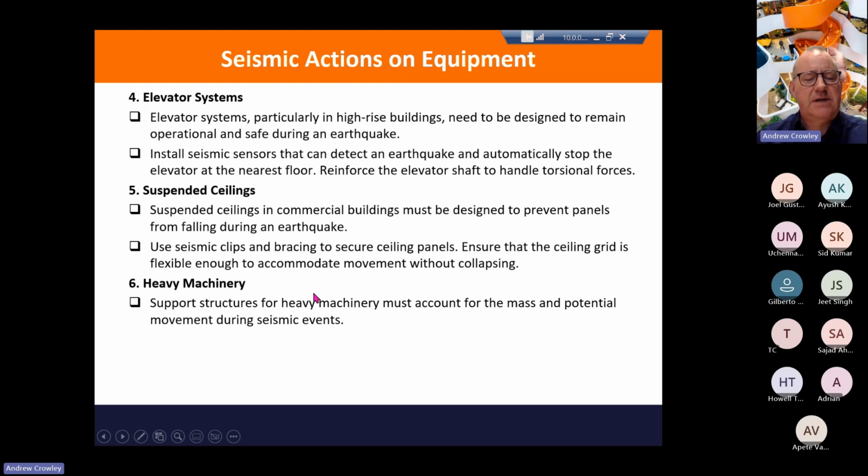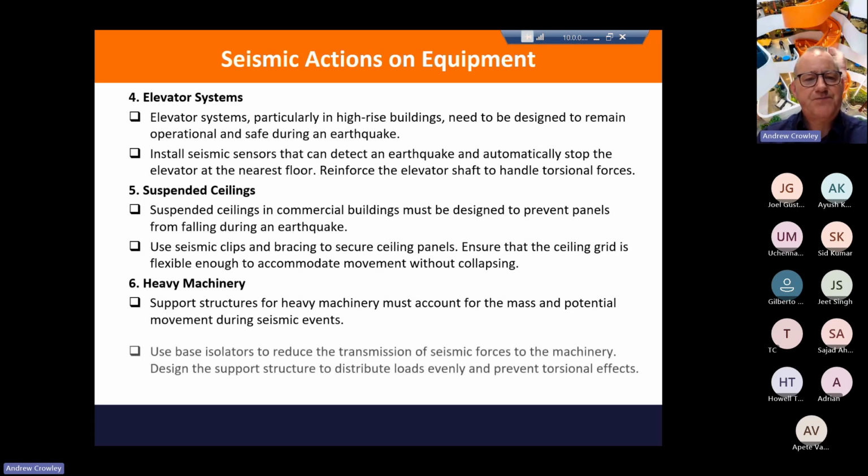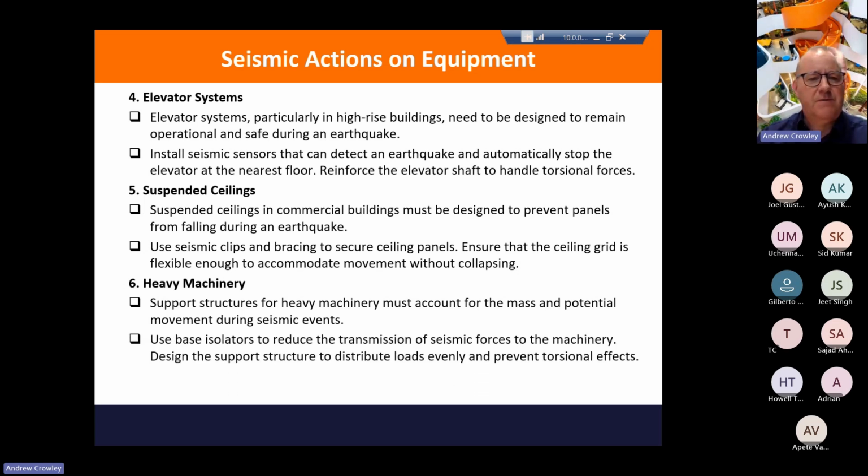The bit that we're interested in is how that machinery transfers its load to the structure. And we've often assumed that it's applying it uniformly at each of the legs. This may not be the correct approach. Yeah, recommend you use base isolators to reduce the transmission of those forces to the rest of the building.